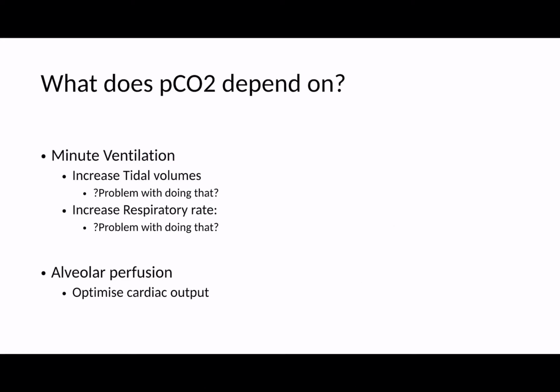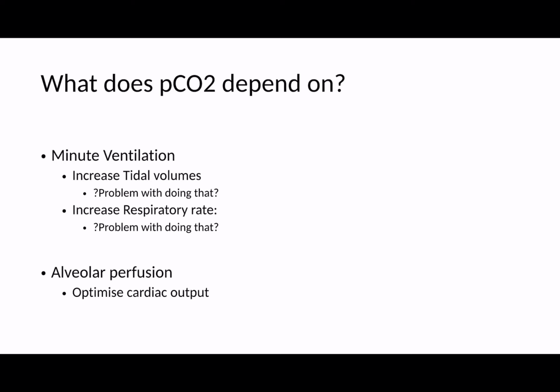So I said that minute ventilation is the amount of gas that comes out every minute from the patient and into the ventilator. So the only two things that you can change to try and improve the minute ventilation of a patient are increasing the tidal volumes, i.e. how much breath comes in and out of the patient every time the ventilator goes, and the respiratory rate, how quickly those breaths are given.